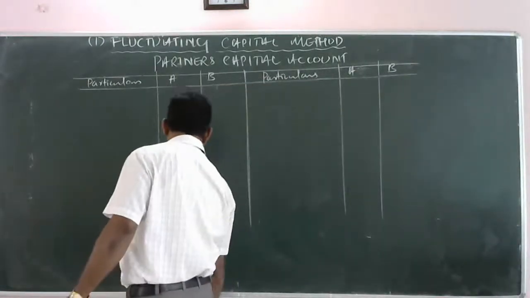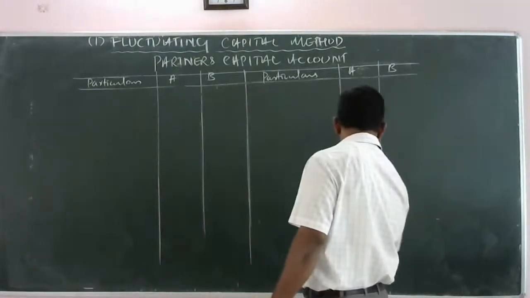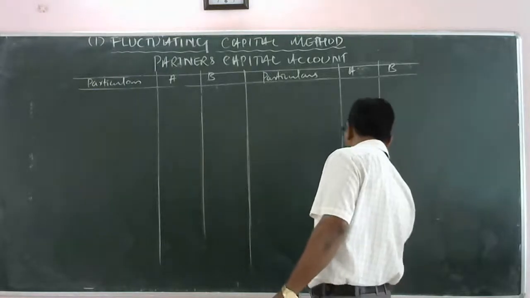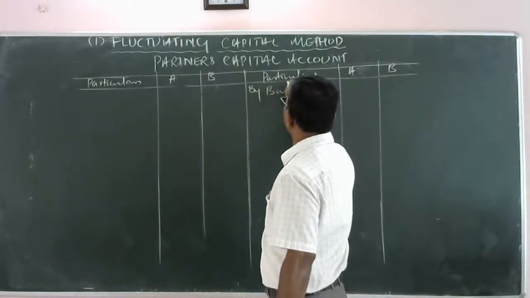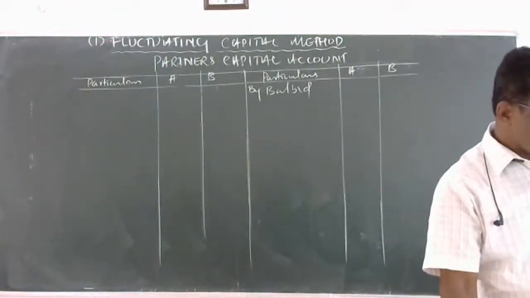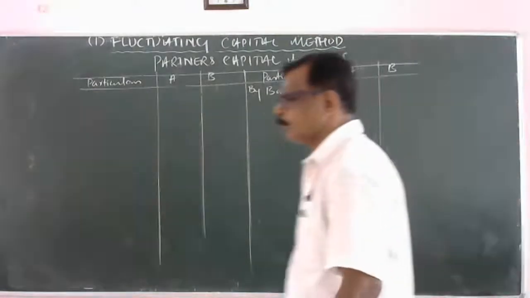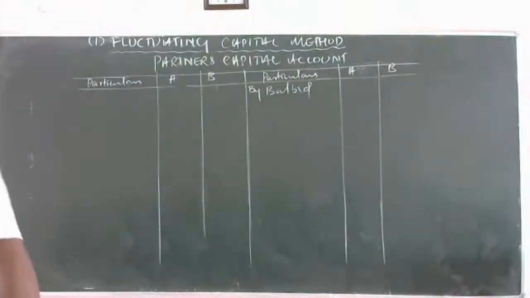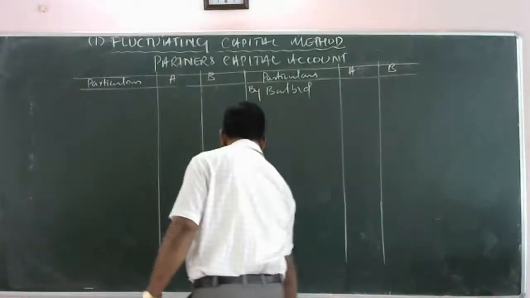So here you can prepare partners current capital account. First you have to credit the capital balance of the partners, the opening balance. They are having a balance of rupees A 7,50,000, B 5 lakhs.